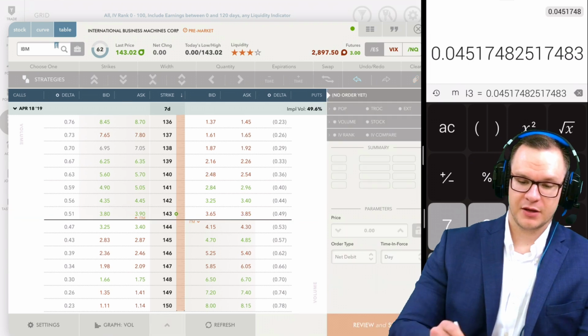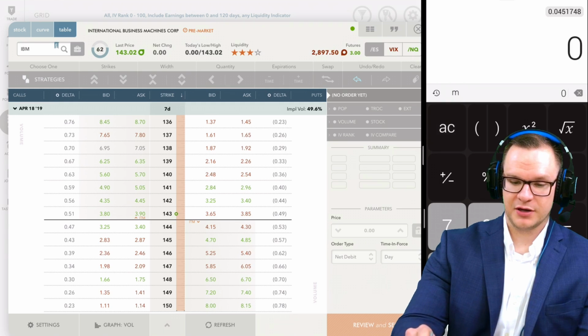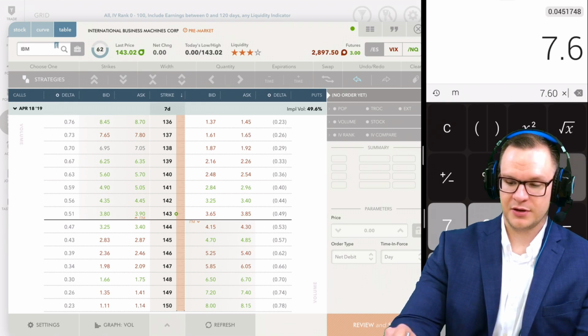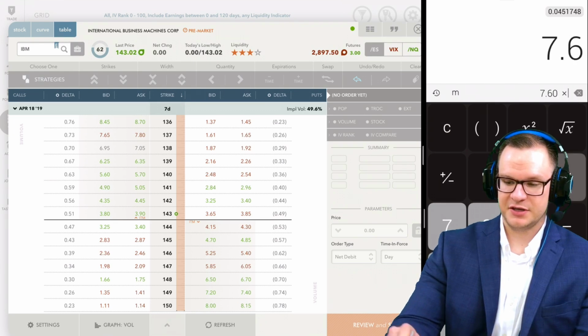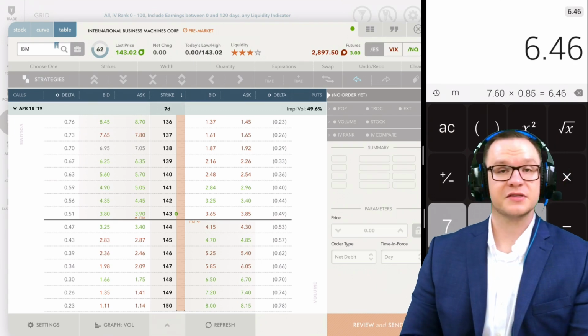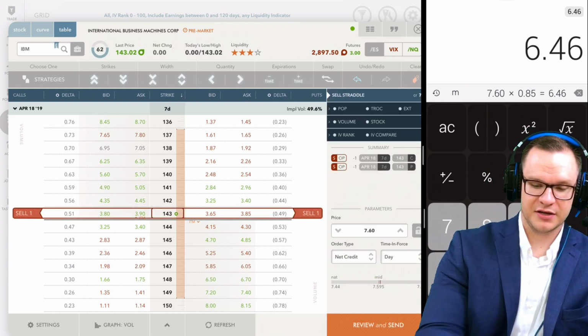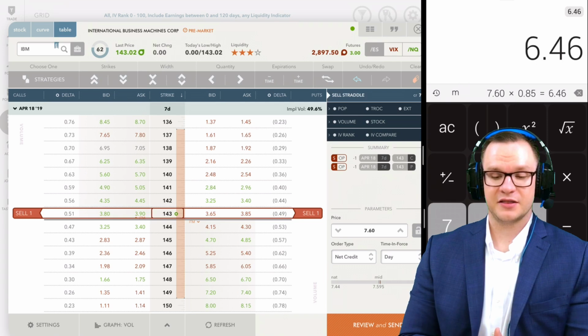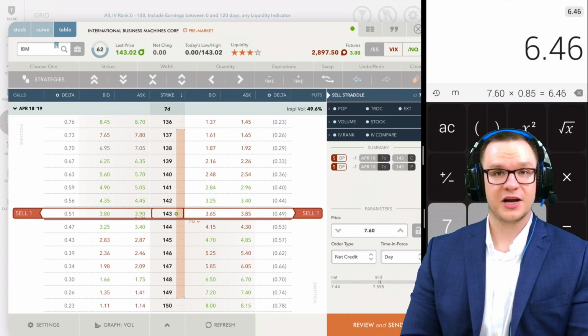So what's the fastest, easiest way to get to, here, I'm going to put this back in here. So 760 times 0.85 is $6.46. The fastest way to put on a trade in this case, let's say you feel that this pricing is correct and it's going to stay within that range there.